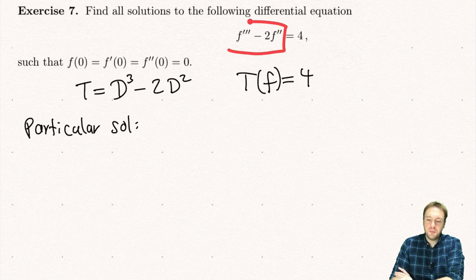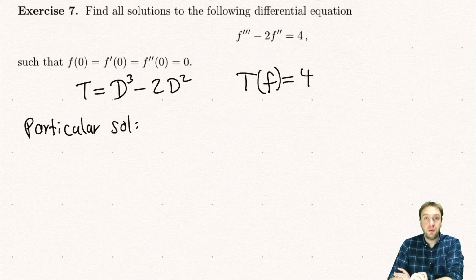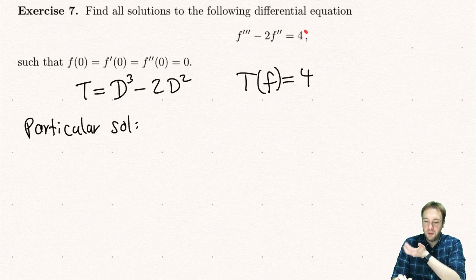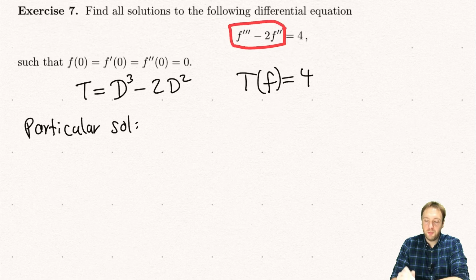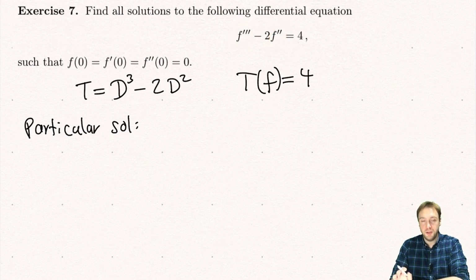So one naive guess would be, well, we can try a polynomial, because if I take the derivative of polynomials and add them, I will get a polynomial, and 4 is a polynomial. In particular, here one choice would be to take a polynomial of degree 2, because the third derivative of a polynomial of degree 2 is just 0, and the second derivative of a polynomial of degree 2 is just a number, and therefore we can choose this number in such a way that minus 2 times this number is 4.